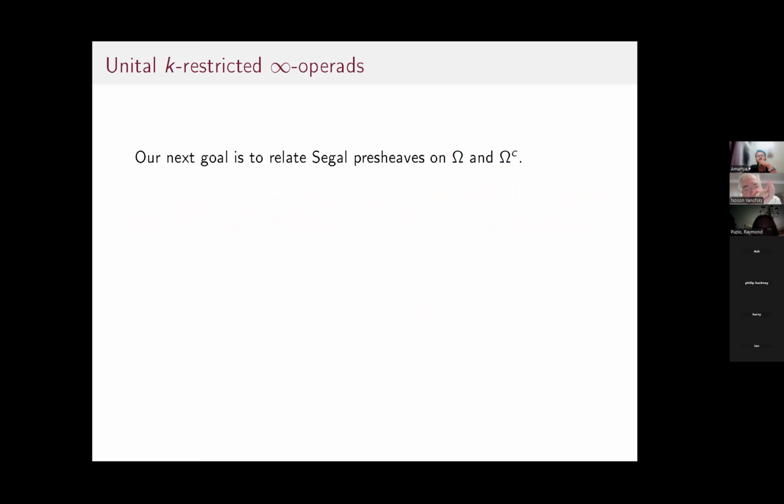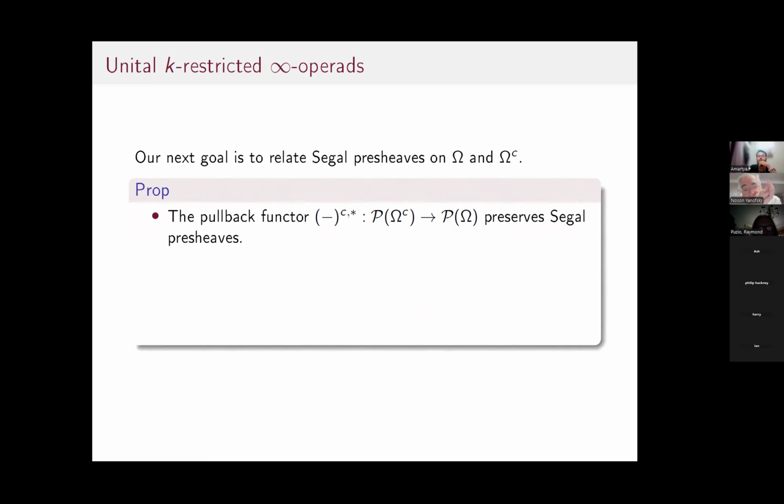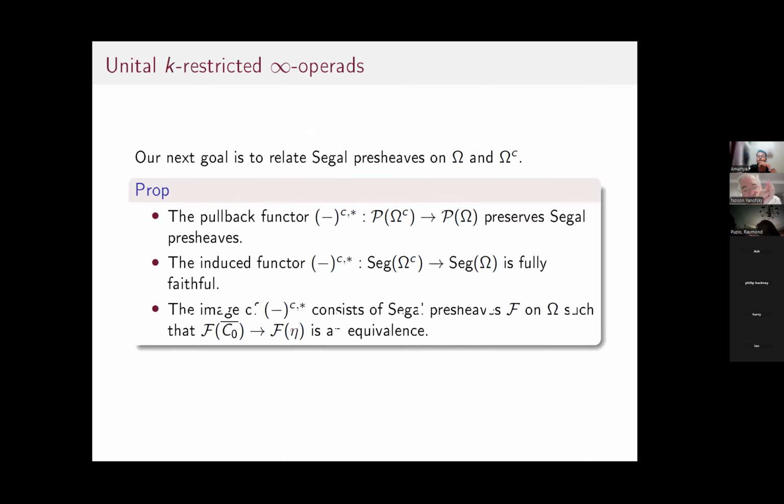Right. So now we want to relate Segal presheaves on sigma and sigma c. So here's a proposition. The pullback functor that you have preserves Segal presheaves. And the functor induced on this subcategory of Segal presheaves is fully faithful.